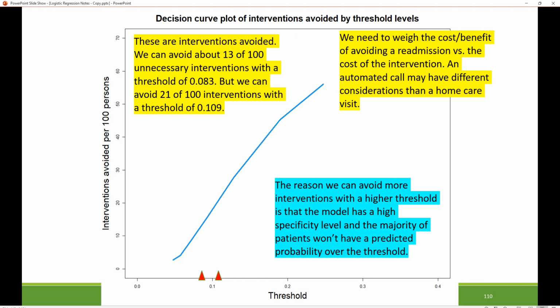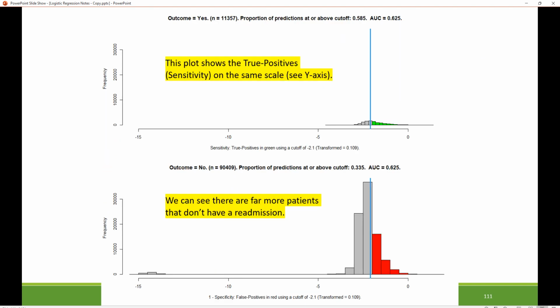The reason we can avoid more interventions with the higher threshold is that the model has a high specificity level, and the majority of patients won't have a predicted probability over the threshold. Okay, and in this graph, it's the same graph that we looked at before, but this plot shows the true positives, which are sensitivity, on the same scale as the bottom graph.